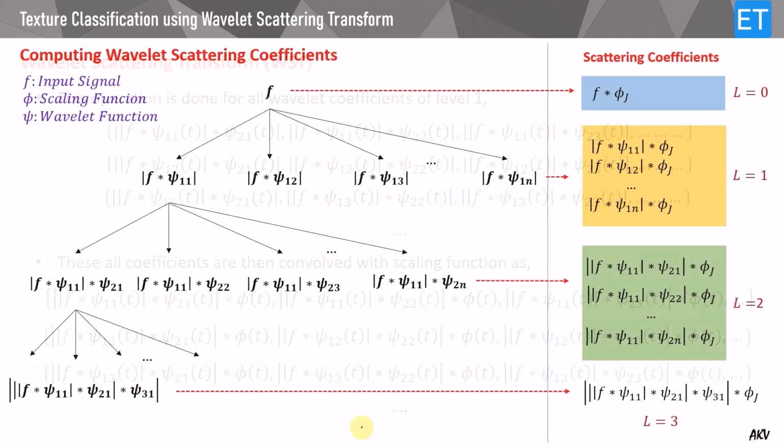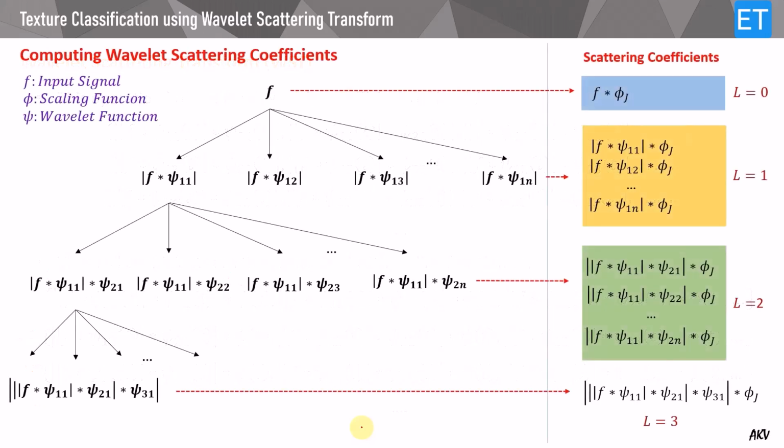So this you can better understand with this tree diagram. Here this is your function f, this is your signal. At level 0, we get the low frequency coefficient simply by the convolution of f and scaling function phi. Then at level 1, as I have written, we find the wavelet coefficients first.